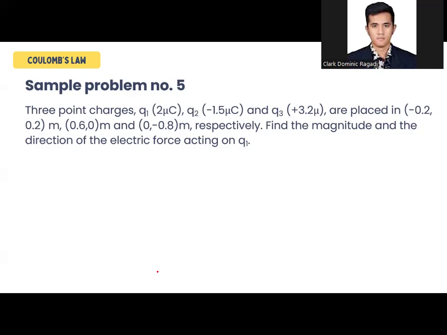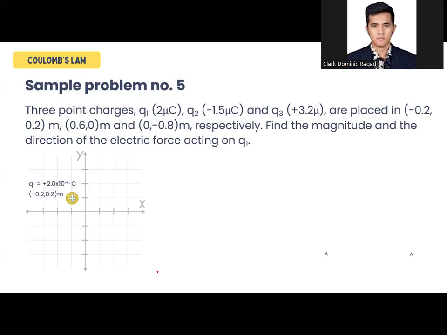So we just need first to plot our givens. The first charge is Q1 equals positive 2 microcoulomb, or 2 times 10 to the power of negative 6 coulomb, located at negative 0.2, 0.2.